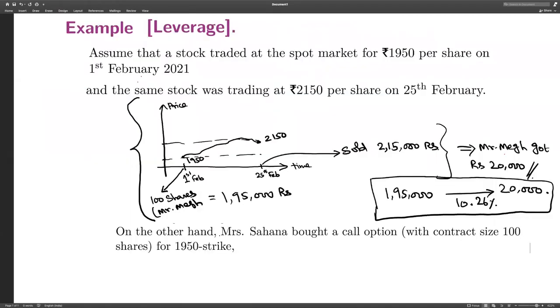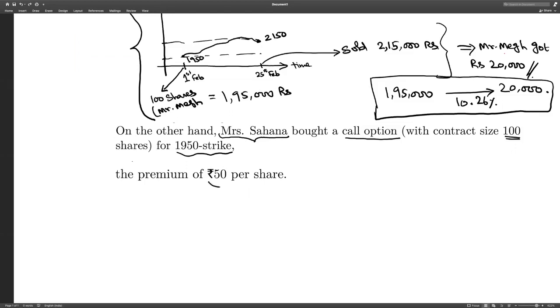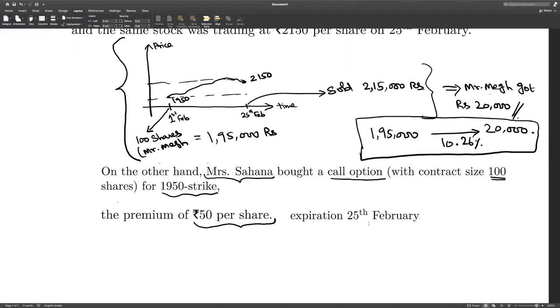Let us assume that there is another trader called Mrs. Sahana who bought a call option with the contract size of 100 for the strike price 1950 for the same underlying asset, and the premium that she paid was say 50 rupees per share and the expiration date be 25th February.